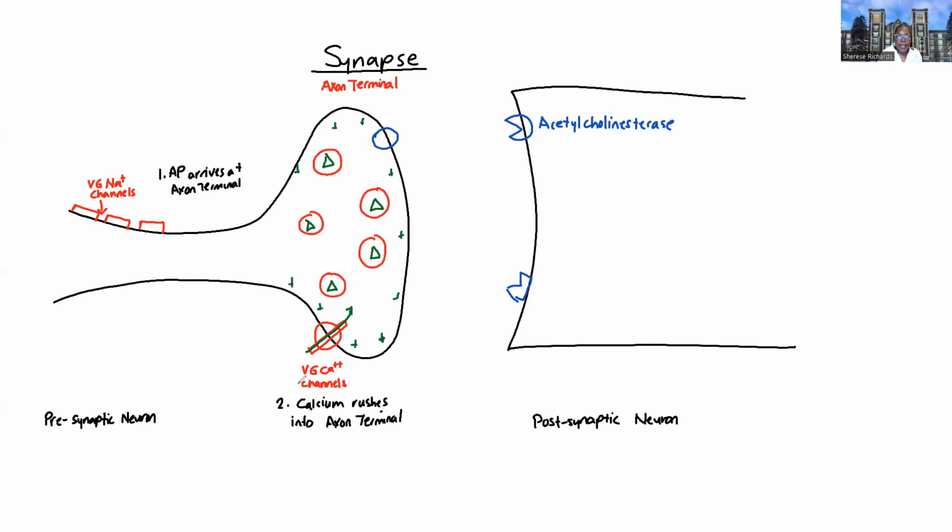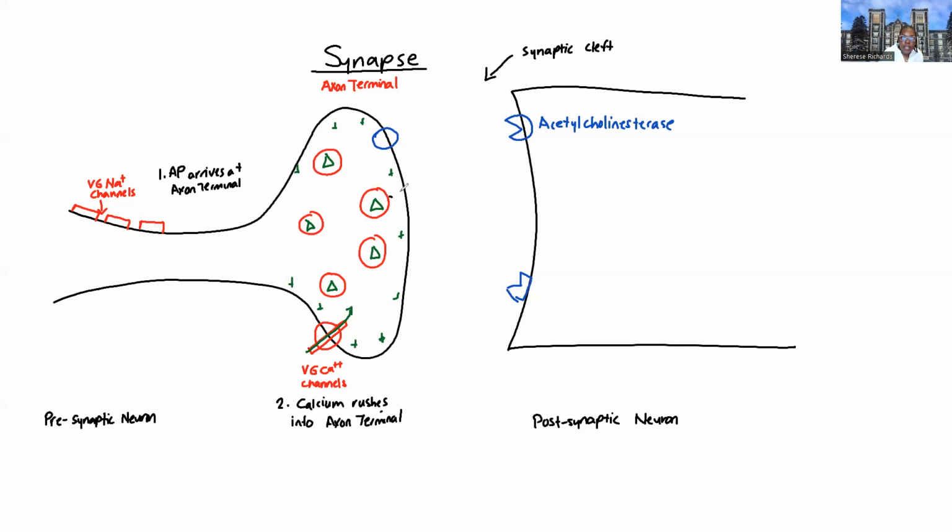Now, the third step is that depolarization triggers what's called exocytosis. Exocytosis is the release of this neurotransmitter into the synaptic cleft. Let's label this region here. This is called the synaptic cleft. Let's look at what happens.